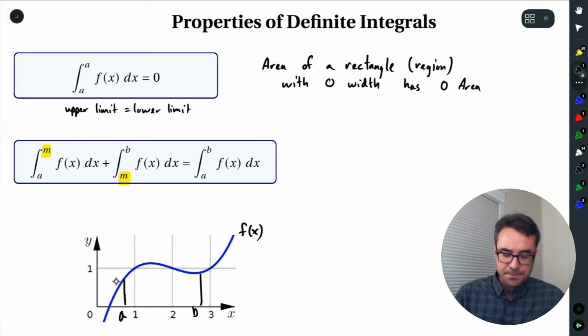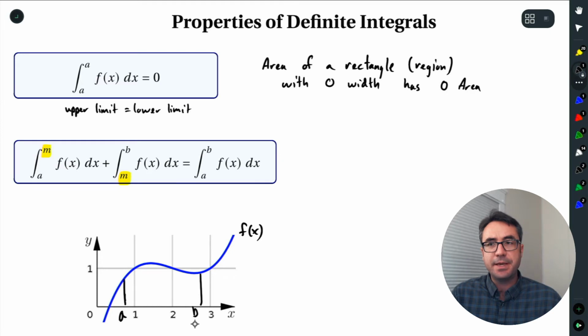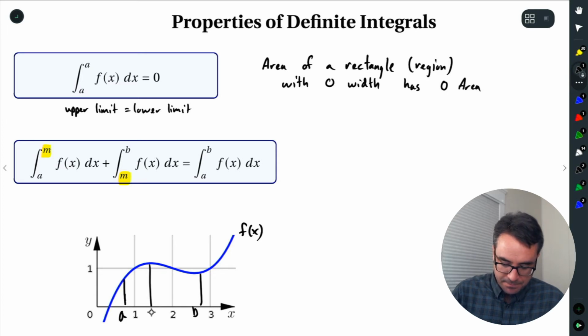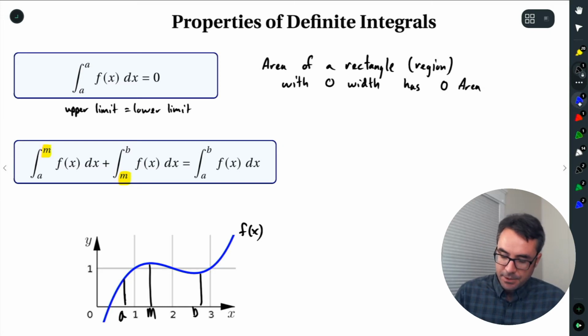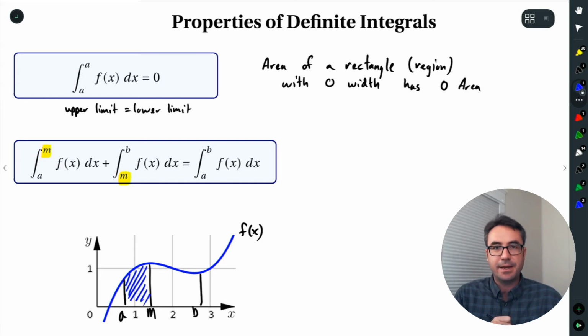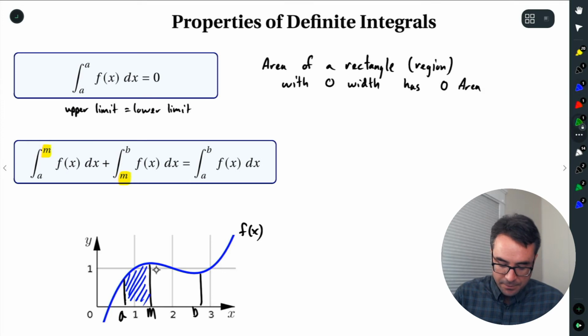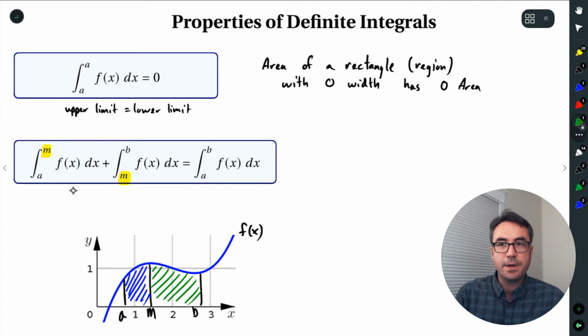And let's suppose that instead of integrating directly from a to b, we stopped off at some point m in the middle. What we can do is think about this area on the left from a to m, and this area from m to b. And that's really what these two integrals are calculating.